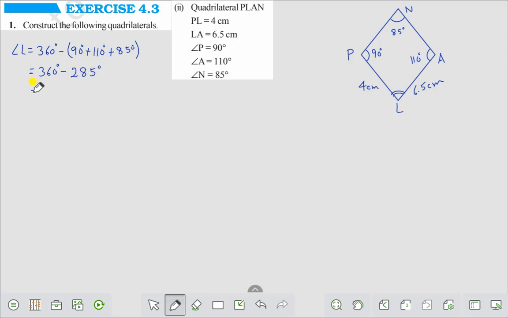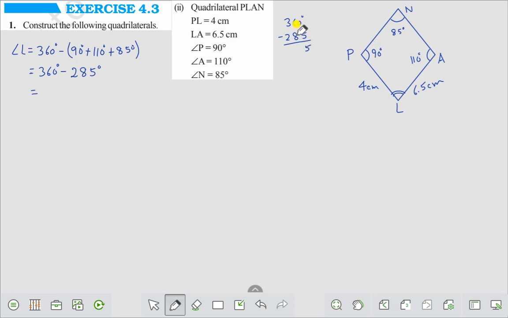You subtract this one, you'll get the value of angle L, that is 360 degree minus 285 degree. That is we are getting 5.